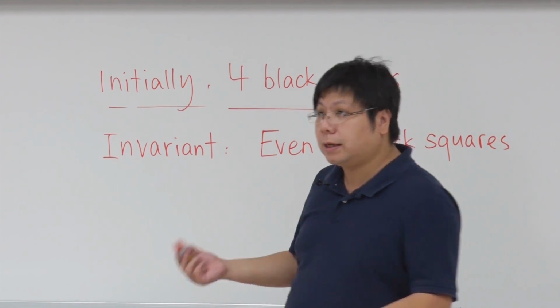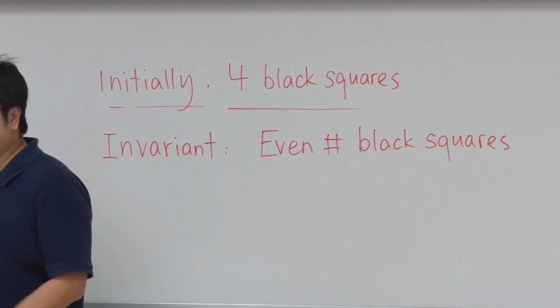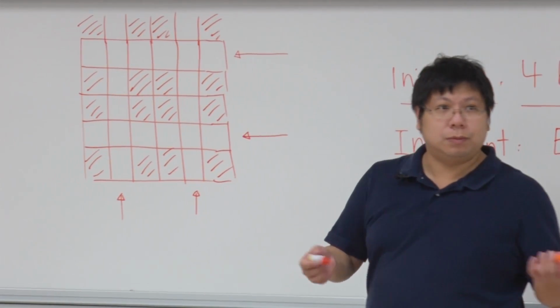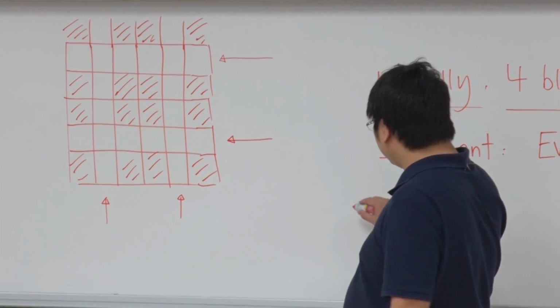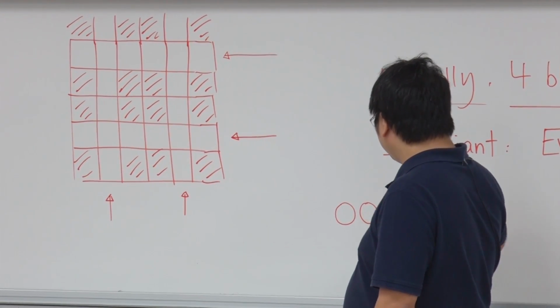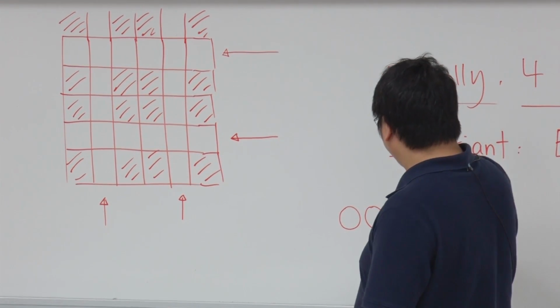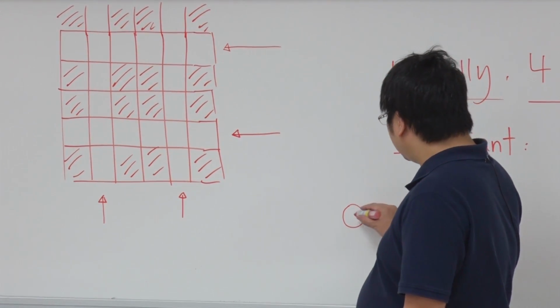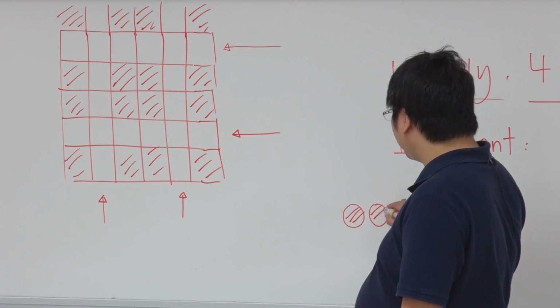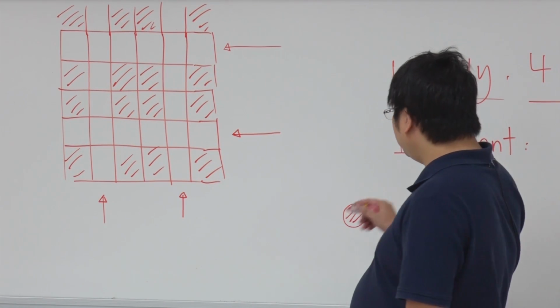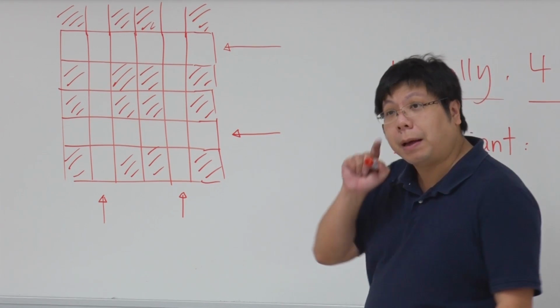To see this, we just need to analyze different cases. What can we change of our configuration? Let's say we have a white piece, a white piece, and a white. Let's say this is a black, and this is a black. If you jump one black over the other, what will happen?